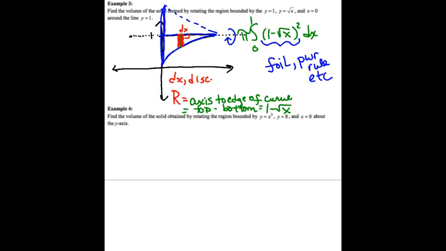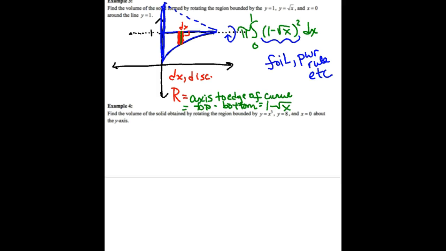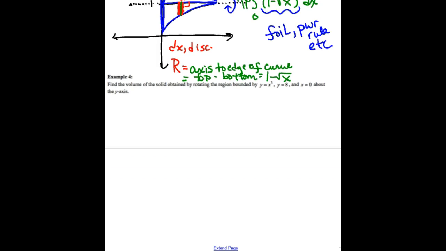So the last one I'm going to do on this recording, and then we'll switch to the washers. So this one, I'm going to switch up the function on you. So let's do that in nice, neat graph here. I'm going to do y equals x cubed.